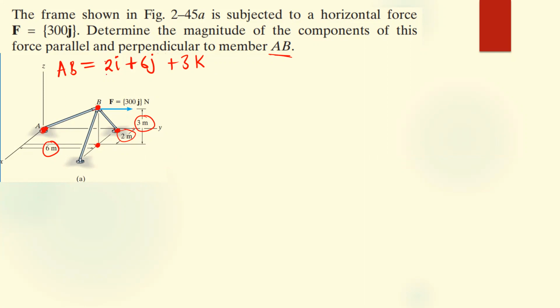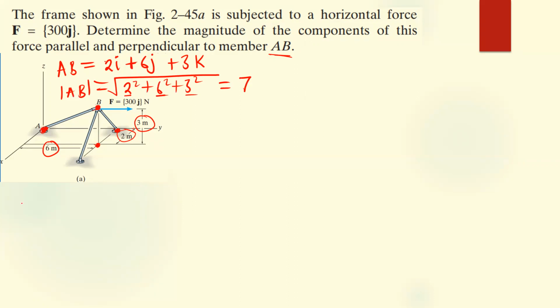So let us find the unit vector of AB. How do we find that? We first have to find the magnitude of AB. The magnitude of AB is equal to the square root of 2 squared plus 6 squared plus 3 squared. This is 4 plus 36 plus 9, which gives us 49, rather, and the square root of 49 is 7.